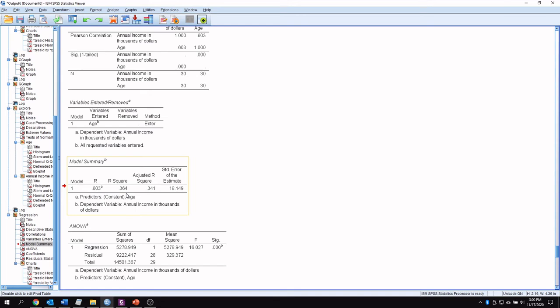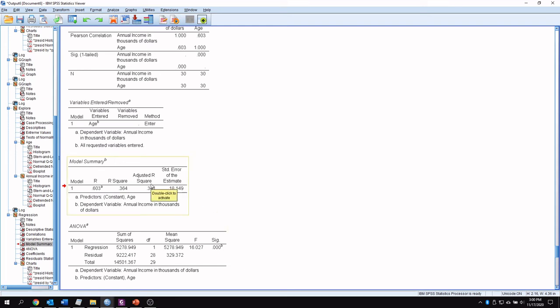And this number right here, the R squared unadjusted, is going to tell us that 36.4%, so we just moved that decimal point over, 36.4% of the variance of income can be predicted, or accounted for by age.